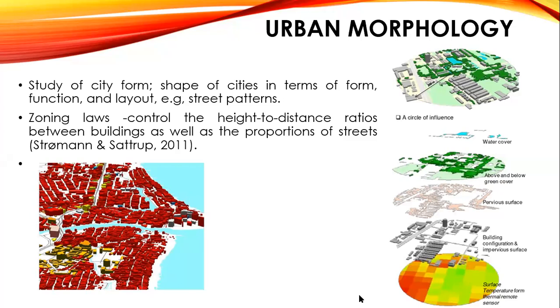So with this, especially, the zoning laws are very important. When it comes to urban morphology, you're able to look at the percentage of pervious surfaces and what are the pervious surfaces as well as impervious. When we refer to impervious, we're not only concentrating on the buildings, but the walkways are equally important. For example, if a building is next to a walkway, then there is a reflectance that occurs.